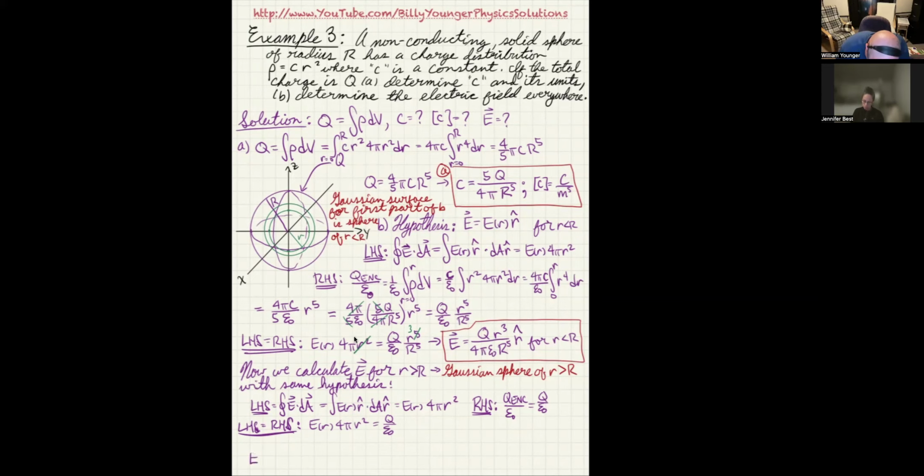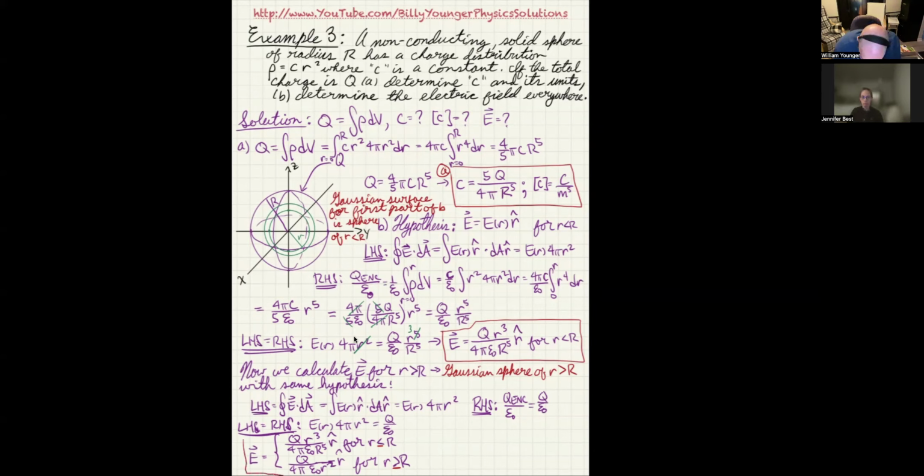So I'm going to say the electric field E is equal to, piecewise again, Q r cubed over 4 pi epsilon naught R to the fifth r hat for r less than big R, and it's Q over 4 pi epsilon naught r squared r hat for r greater than big R. And if you plug in big R for the little r, you'll see again that they're equal at r equal big R. So I can add that little greater than or equal to symbol.